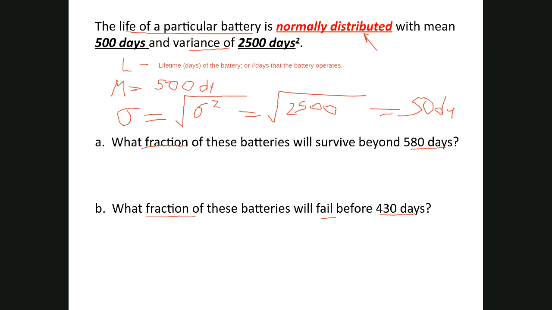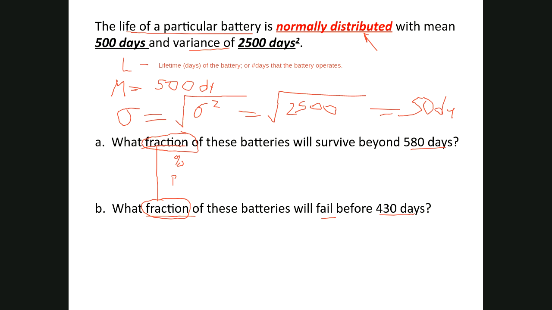So this is going to be considered a continuous random variable, not a discrete. And again, when we say the word fraction here, that's just another way of saying what's the percentage, or again, what's the probability.